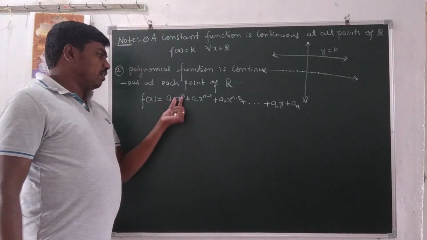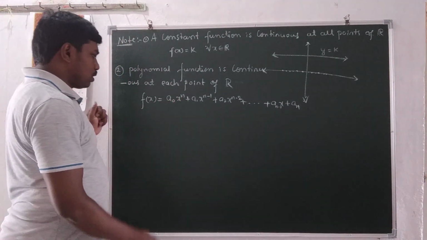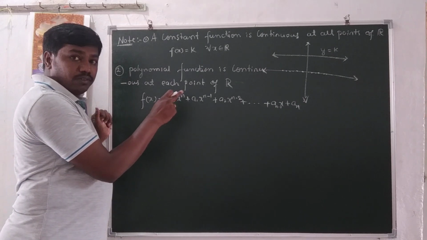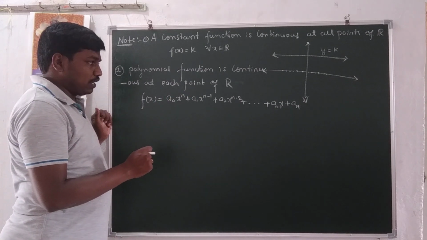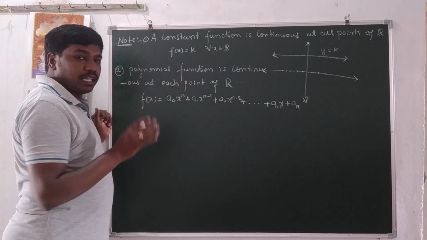So this is a polynomial of degree n. This function is always continuous at every real number.